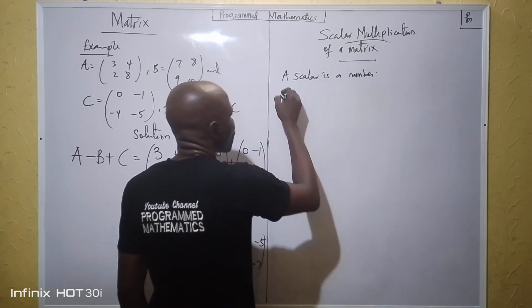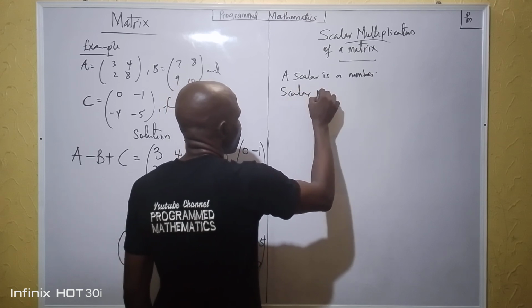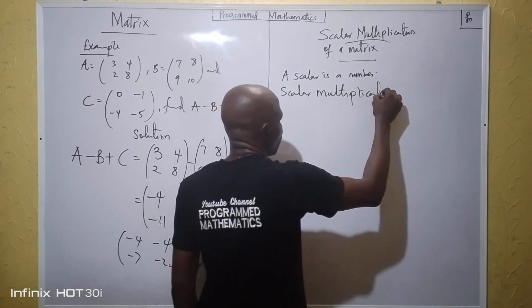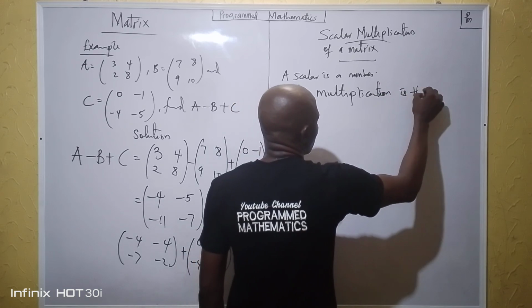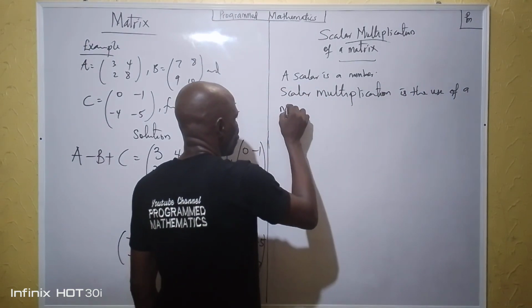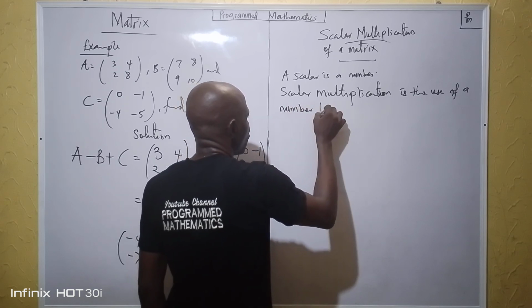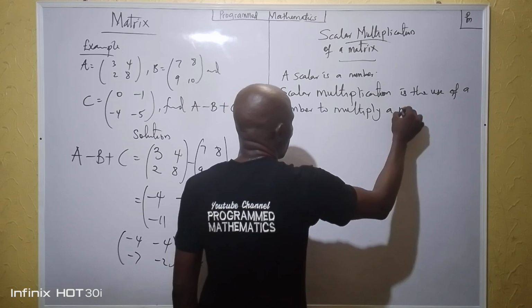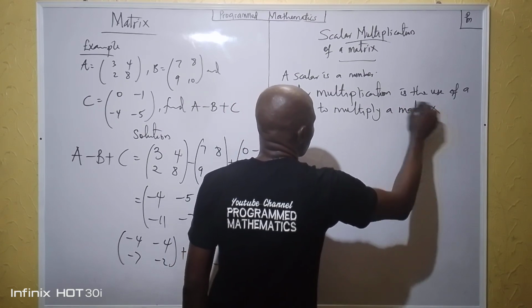So scalar multiplication is the use of a number to multiply a matrix.